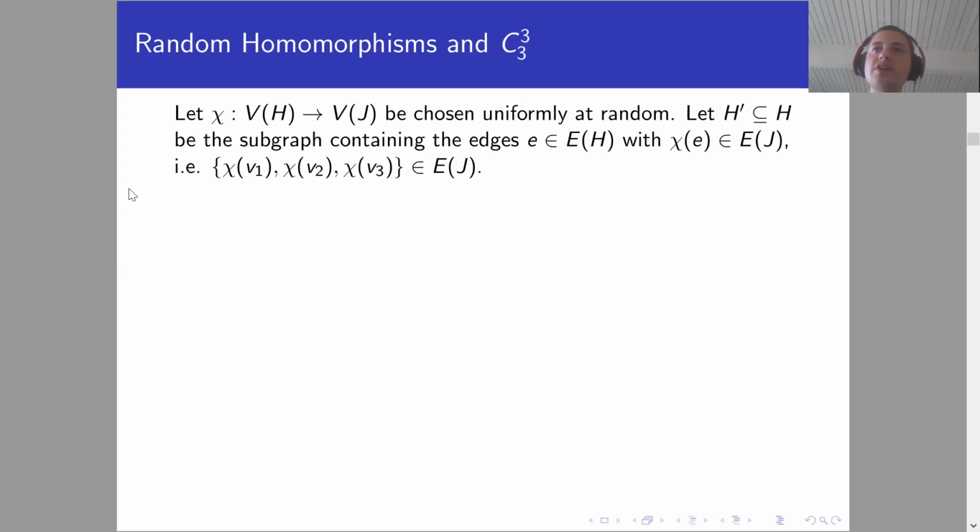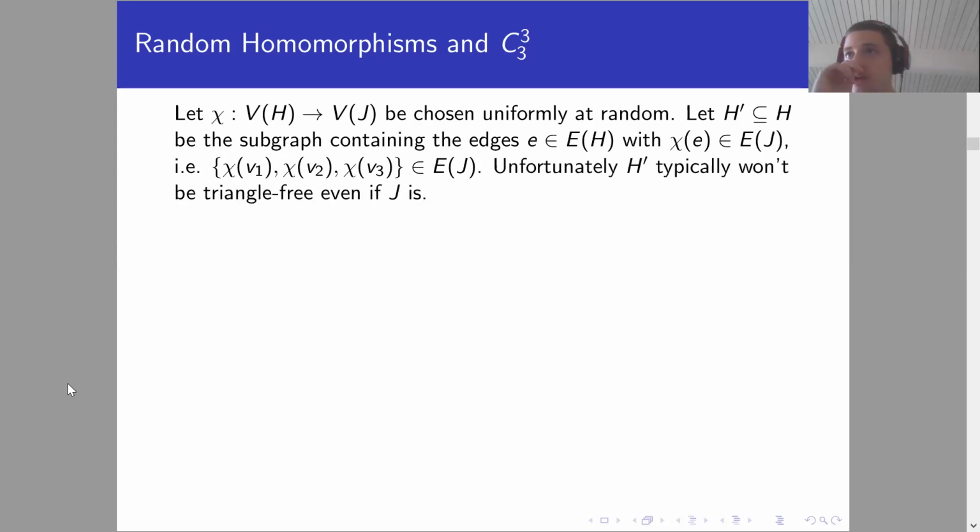And to be a little more precise, as a first attempt, we're going to take our subgraph H prime to keep all the edges e in H such that the edge e maps onto an edge in J. In other words, if v1, v2, v3 are the vertices of e, then the image set of these vertices is an edge in J. And we'll see an example of this in a second.